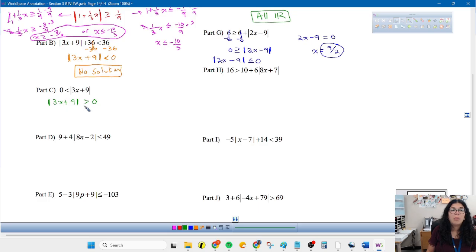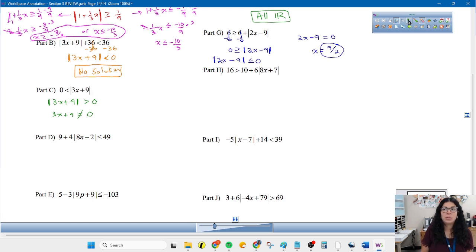All numbers are going to be more than 0, except the one that makes it 0. Because if 3x plus 9 is equal to 0, then that would not meet the criteria, because 0 greater than 0 would not make that statement true, and that will be the only case that is a number that would not be a solution.